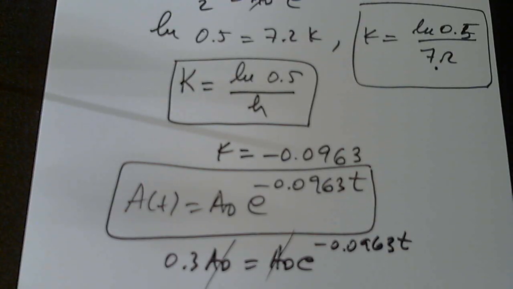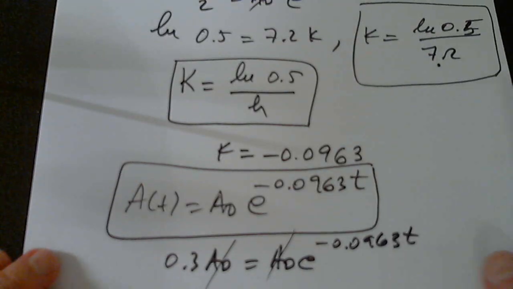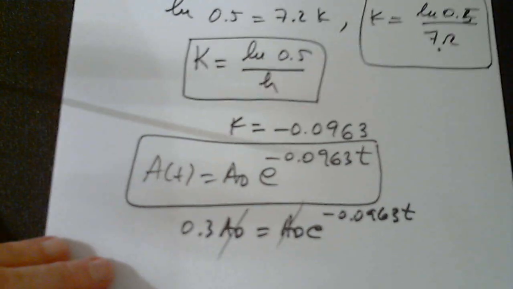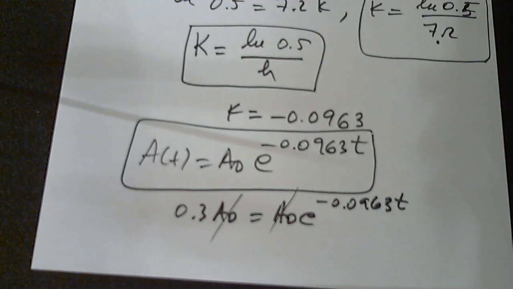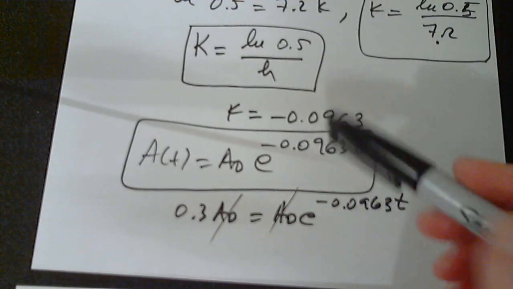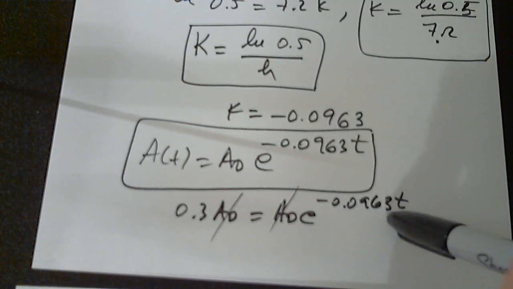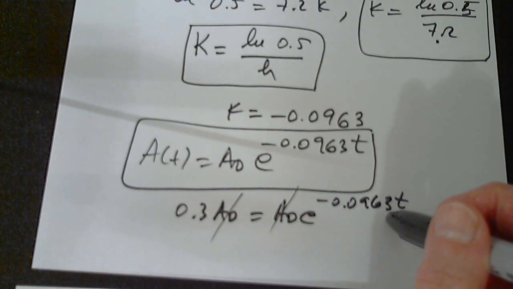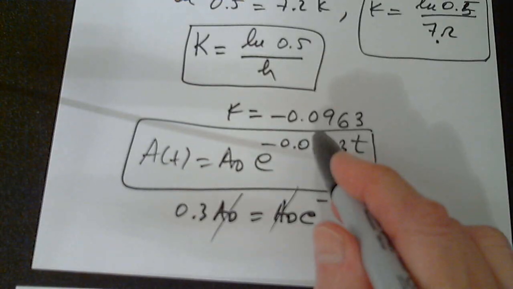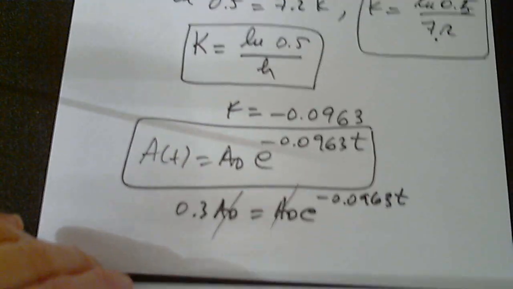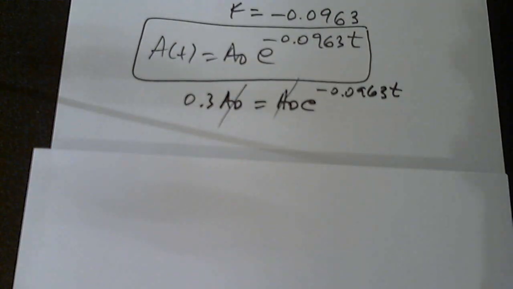The way the problem is set up, I apply natural log to both sides, and then I find t. So remember, in 7.2 days, it drops to 50%. So the answer has to be more than 7 days. Because in 7 days, it drops to 50%. It needs more to drop to 30%. So it must be more than 7.2 days.